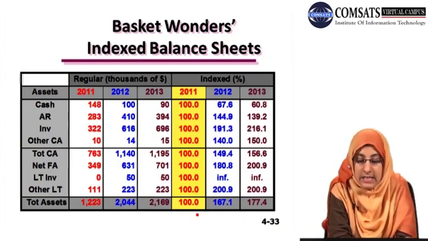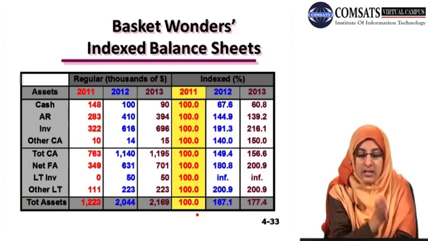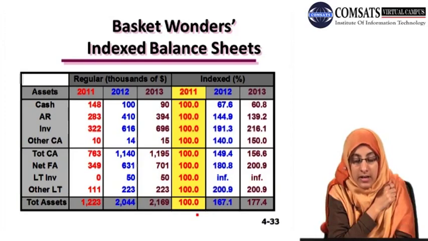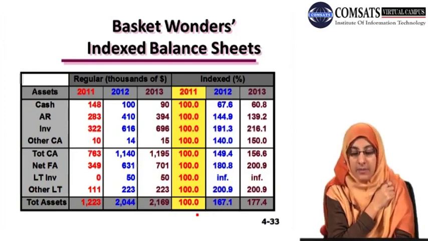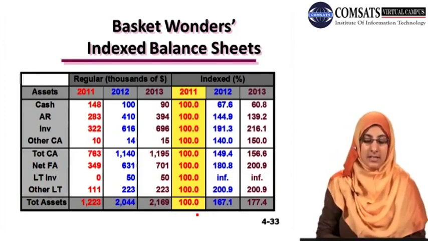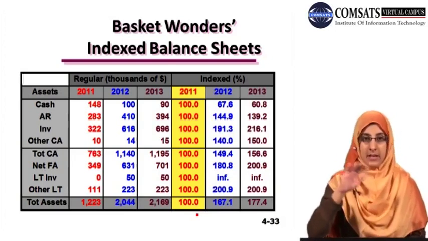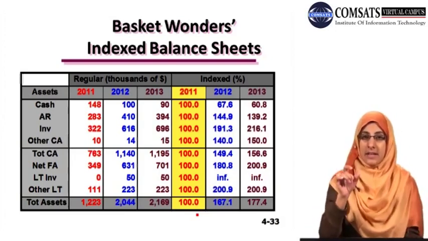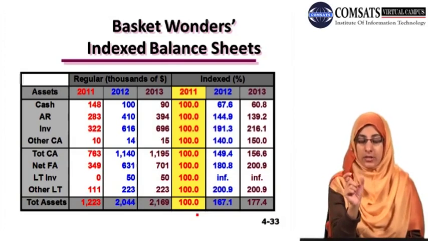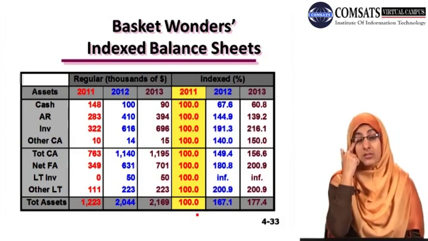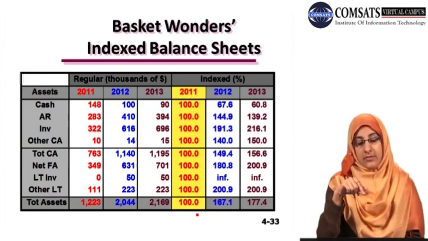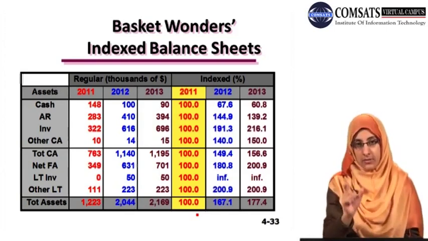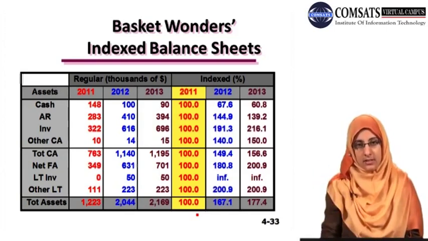If we find out the values, we are going to divide each and every item of this year by each and every item of your base year. अब हमने क्या किया कि 2011 base year लिए, तो सबसे पहले हम कैश को कंसिडर करते हैं. बैलेंस शीट ली, कैश की वैल्यू है 148, क्योंकि हमारा बेस ईयर 2011 है तो हम 2011 से ही डिवाइड करेंगे, तो 148 डिवाइडेड बाय 148 into 100, the answer is 100.